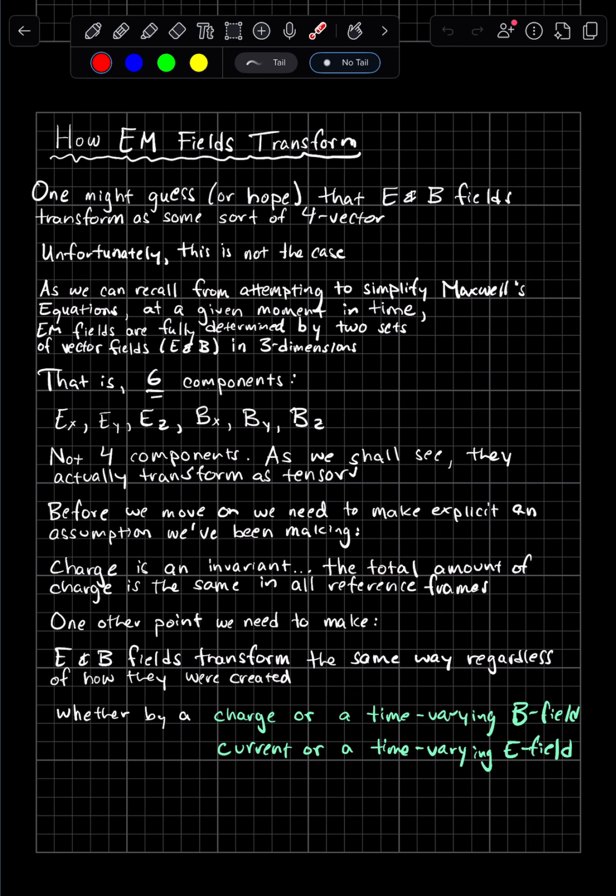Whatever the underlying cause, if I'm in a frame of reference that has a particular E or B field, it will transform if I go to a different reference frame the same way that it would if the cause was different but had the same effect in the one reference frame before I boost into a different reference frame.